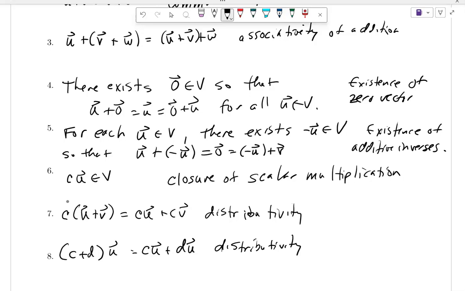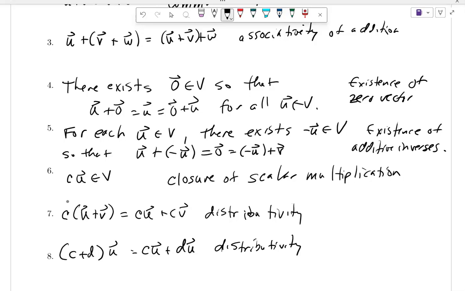Notice, I mentioned this the other day, but I'm going to mention it again because it's important, especially in the second one here. On the right-hand side, what kind of objects are you adding together? Vectors. When I do a scalar times a vector, I get a vector. I add two vectors, I get a vector. What kind of objects am I adding here? Constant scalars. When I add two scalars together, I get a scalar.